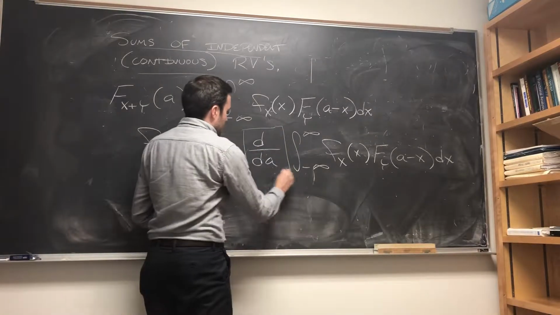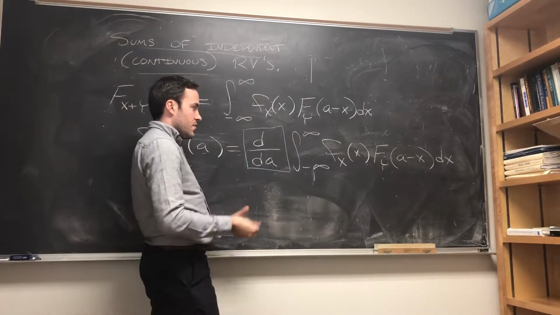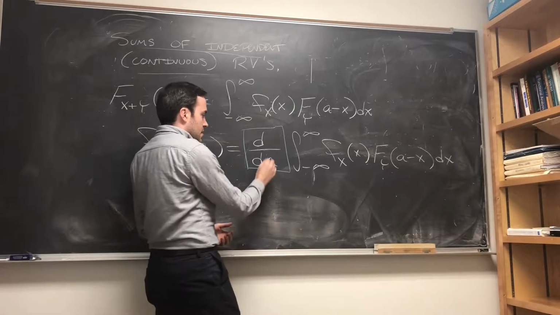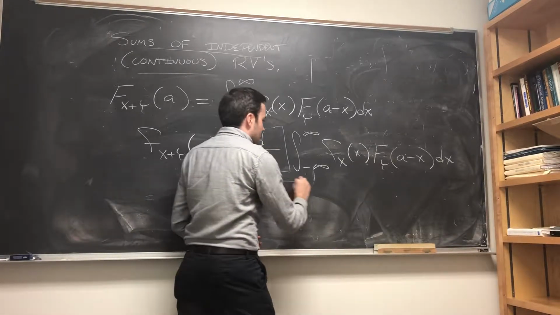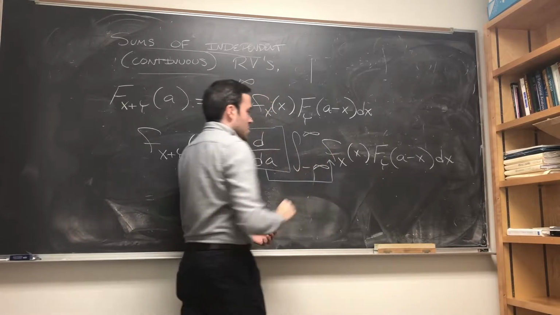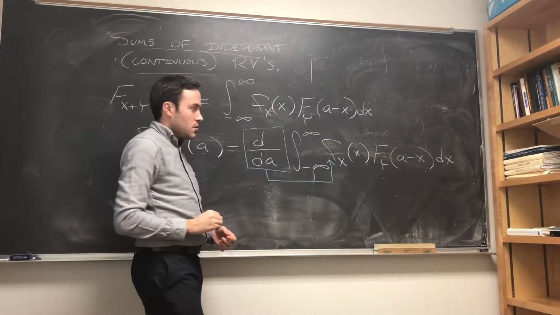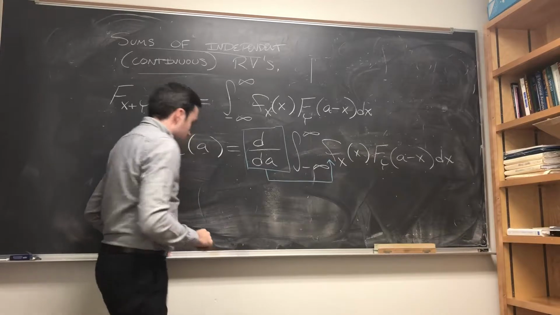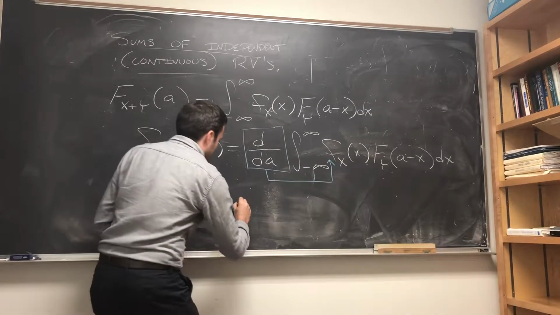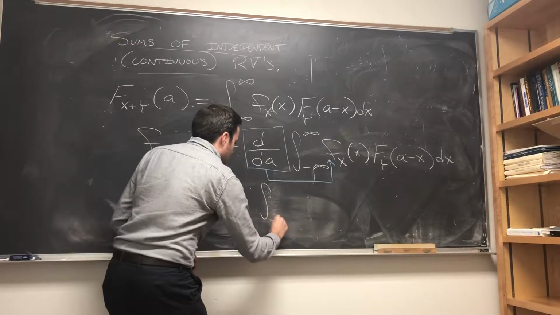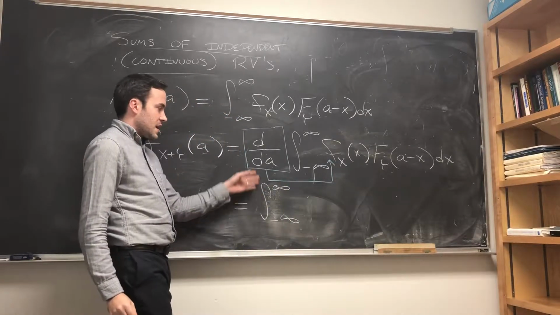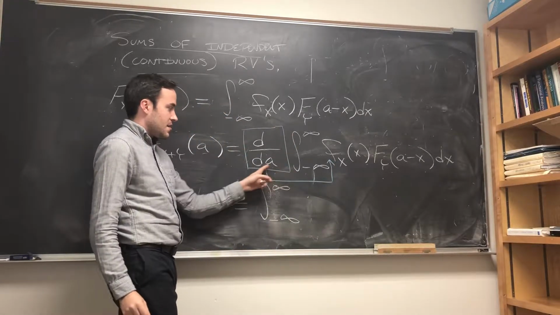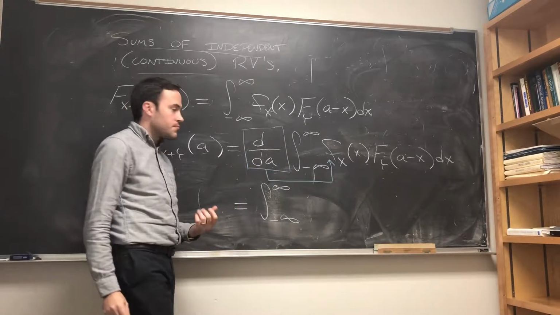What we need to do here, in order to say anything substantive about this, is to take this derivative, which is on the outside, and somehow say that it should be able to hop inside the integral. In other words, we would like to be able to say this. The integral is going to stay the same because the integral is with respect to x and the derivative is with respect to a.